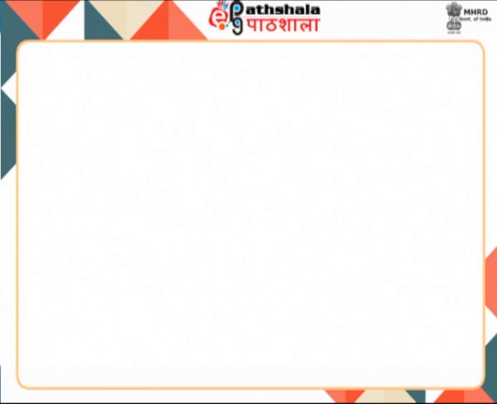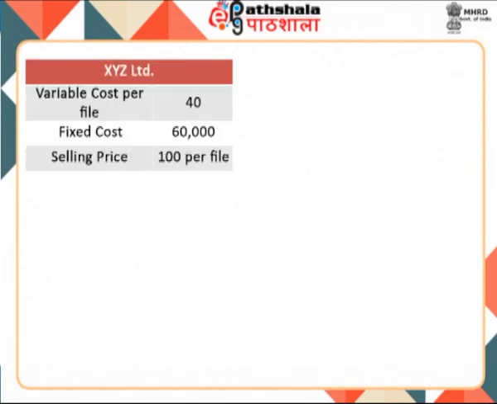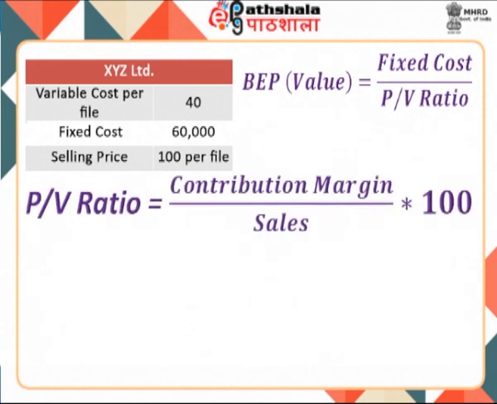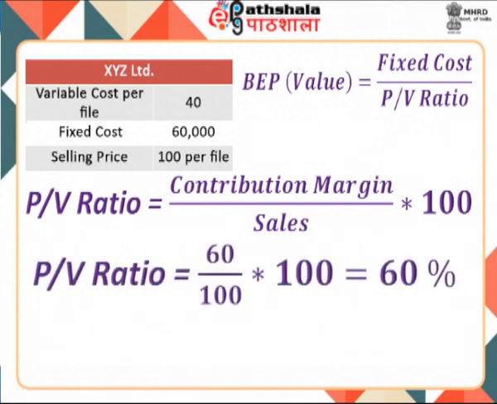Let us now compute the break-even point in value, that is in rupee terms. The formula for break-even point in value is: break-even point is equal to total fixed cost divided by PV ratio, where PV ratio is equal to contribution per unit divided by selling price per unit, whole multiplied by 100, which is equal to 60 divided by 100, whole multiplied by 100, that comes out to be 60%.